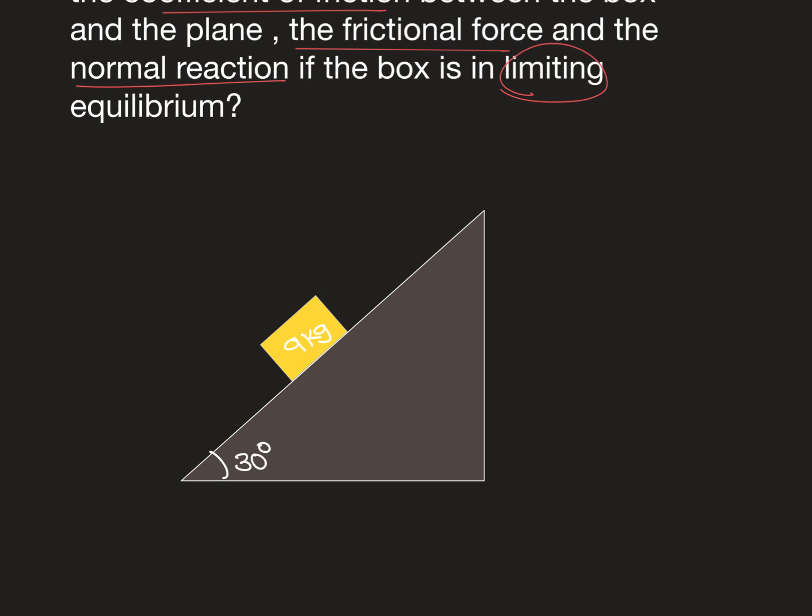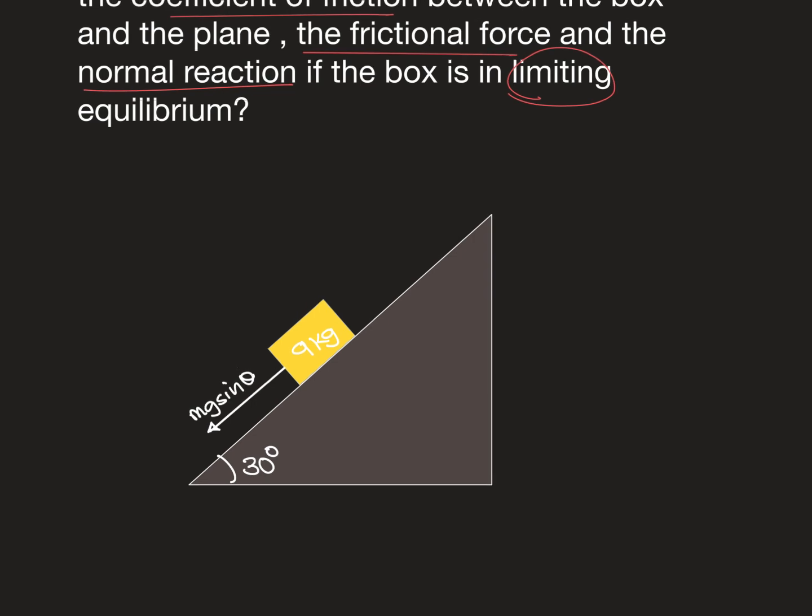The information that we have here is that the box is in limiting equilibrium, and if we provide the forces there, we will have mg sine theta acting down the plane, and if the body is about to slide, friction has to be in the opposite direction, that is F. Completing the diagram with the normal reaction and the weight, we will have a diagram that looks like this.